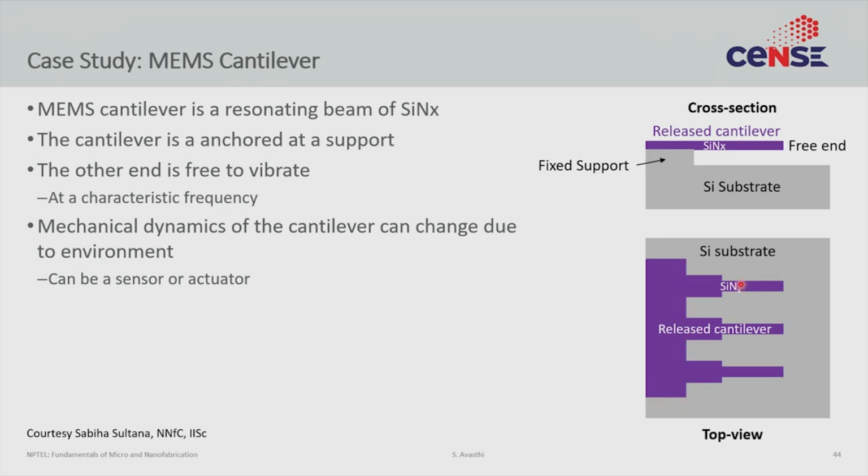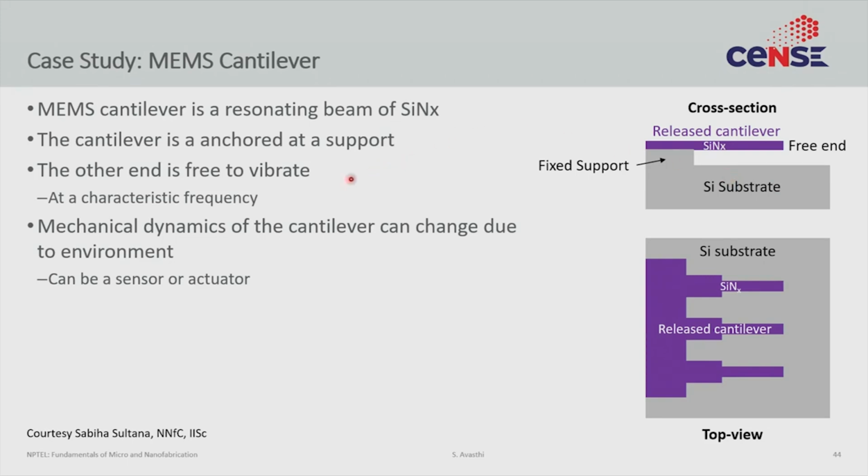Looking from the top, it's a strip. It's not a membrane, it's a strip. So we have to figure out a way to define the silicon nitride. We have to figure out a way to etch the silicon underneath the nitride, so you actually have this overhang. And of course, you need some lithography steps to define what these features are.